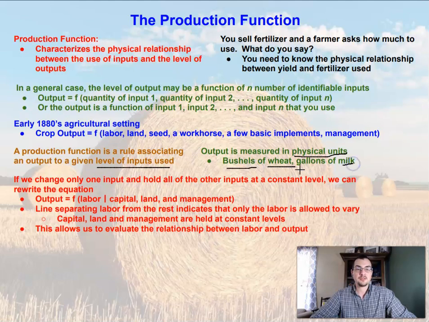Output of milk is measured in gallons. Output of calves in a cow-calf operation is measured in pounds. Output of feeder hogs or fed hogs or even lean hogs is measured in pounds. Depending on which operation you get into, output is always measured in some form of physical units.